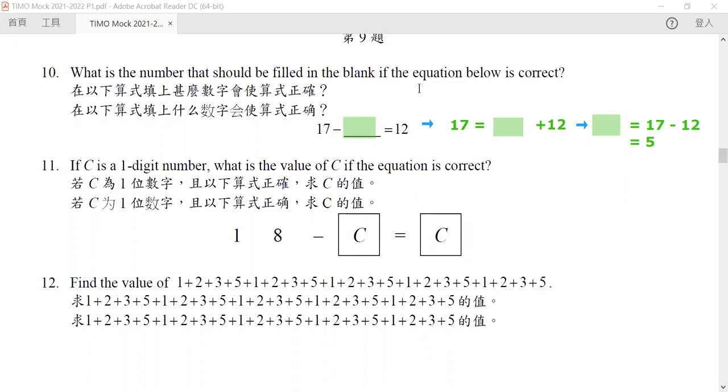Okay, so our answer for this question is equals to 5. This is our question number 10.